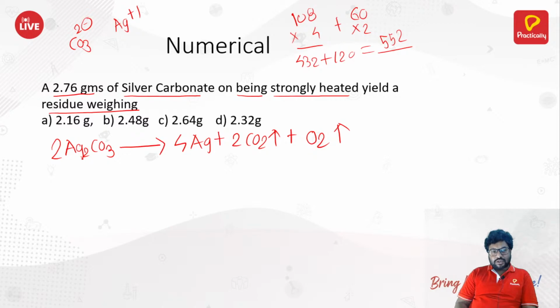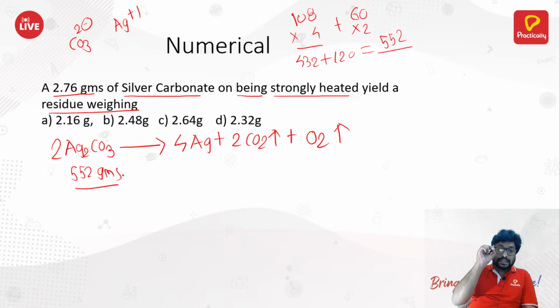That is for 2 moles, no? Wait, I went it the wrong way. You got CO3, 16 into 2, oxygen becomes 6, no? Just a sec. 3 into 2, 6 oxygen, 96 plus. Yes, it is right. So 552 grams of silver carbonate gives us residue.